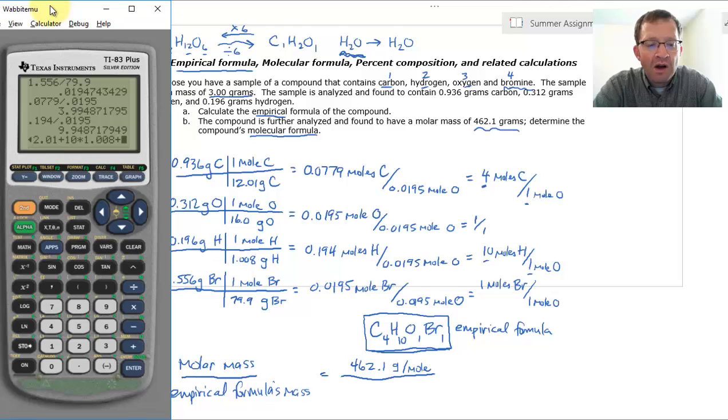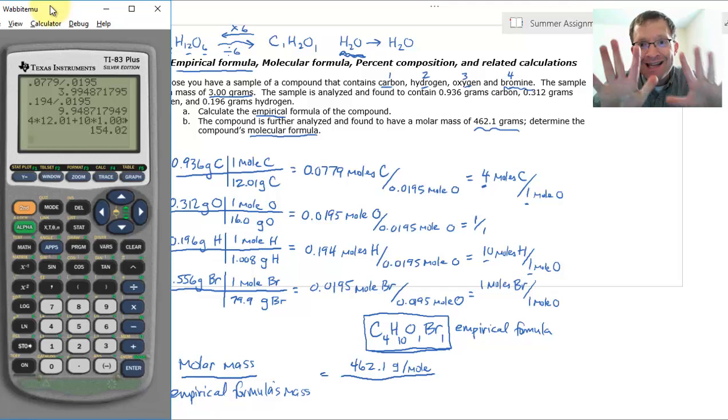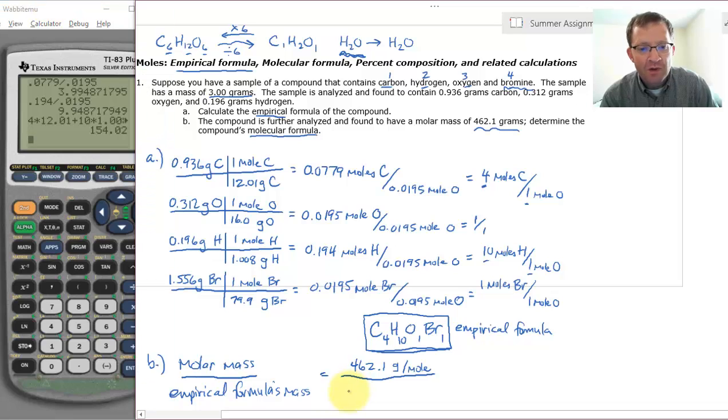Plus 1 oxygen, which was 16, plus 1 bromine, which was 79.9. I've got an unnecessary parenthesis there, but that shouldn't matter. Go ahead and hit enter. When I add those all together, 4 carbons, 10 hydrogens, 1 oxygen, 1 bromine, it comes out to 154.02. Okay, so that's the number that goes down here. 154.02 is the mass of my empirical formula.